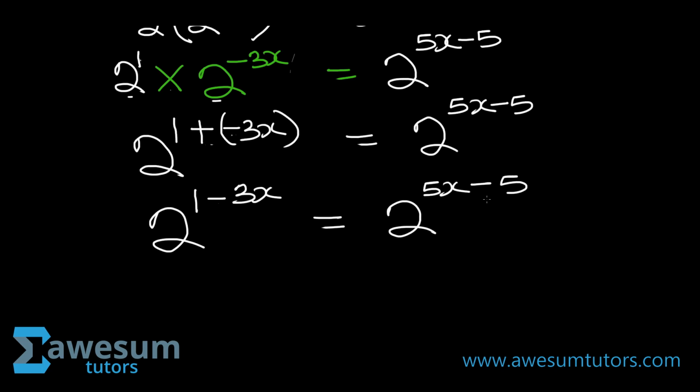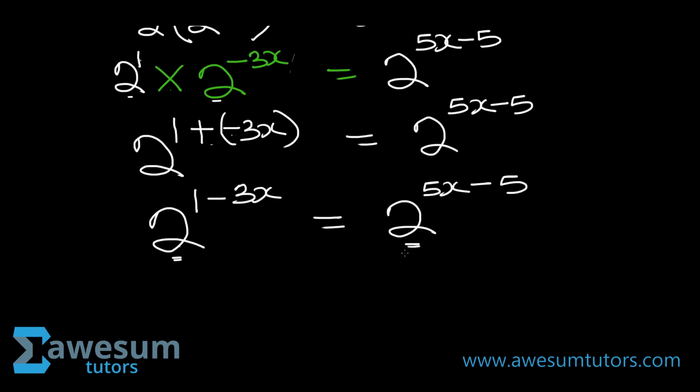Now, if you take a look at this, we have been able to reduce the left-hand side to have just one entity. That means to have just one base. That is 2 raised to the power of 1 minus 3x. And this one is 2 raised to the power of 5x minus 5.